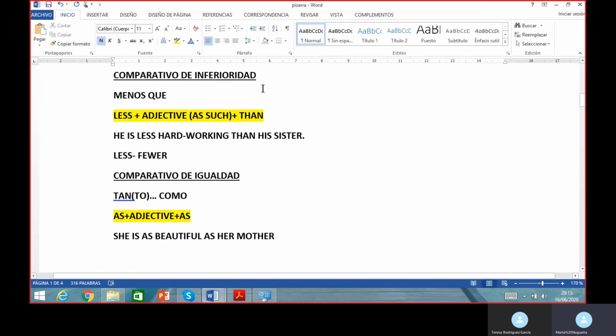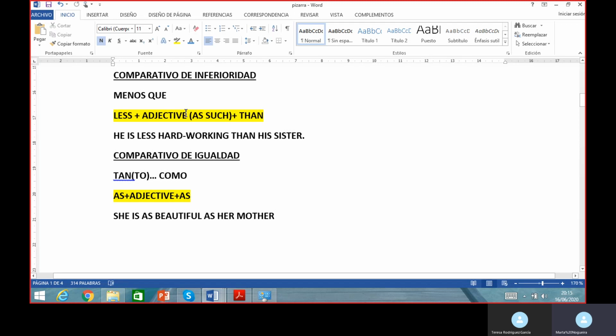Comparative of inferiority, we know that it is translated into Spanish as "menos que": less plus the adjective as such. When I say as such, it means "tal cual", el adjetivo tal cual, sea corto, largo. Estos, ¿vale? No siguen las normas de cuando el adjetivo es corto o largo, ¿ok? Less y el adjetivo tal cual más el than es "menos que".